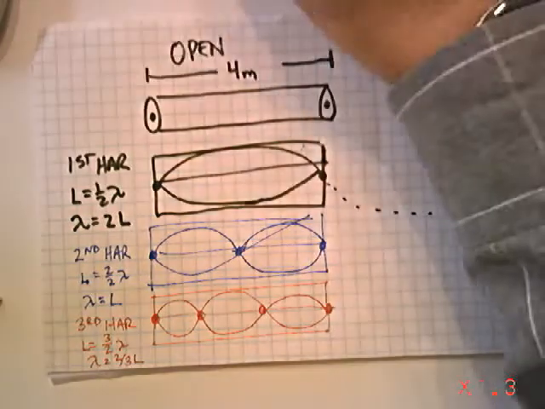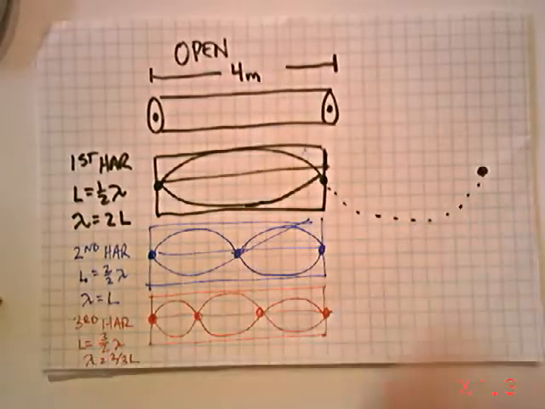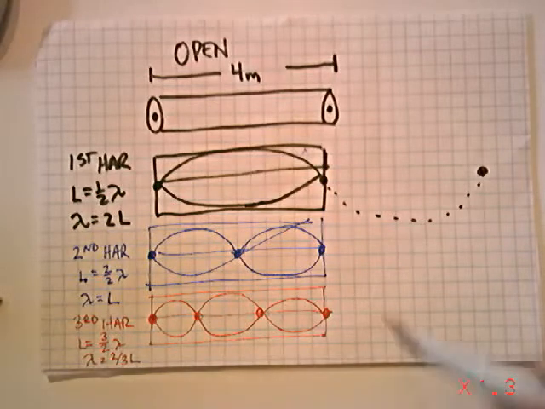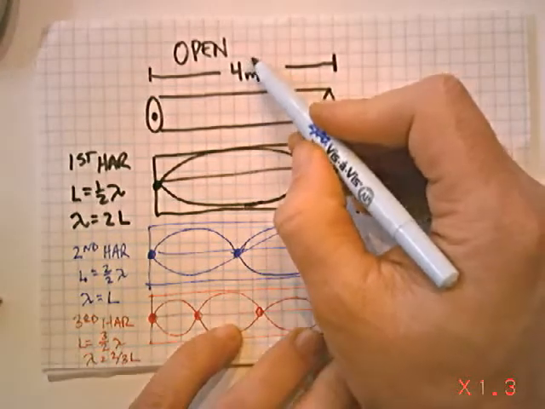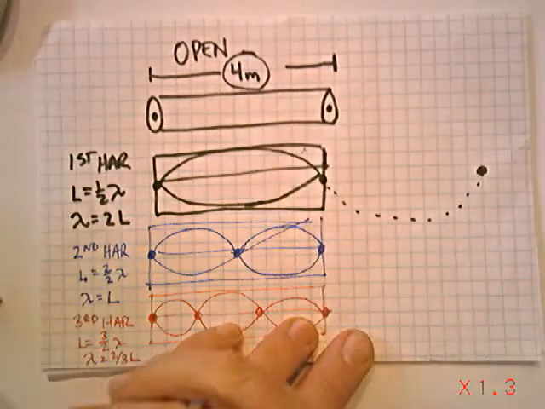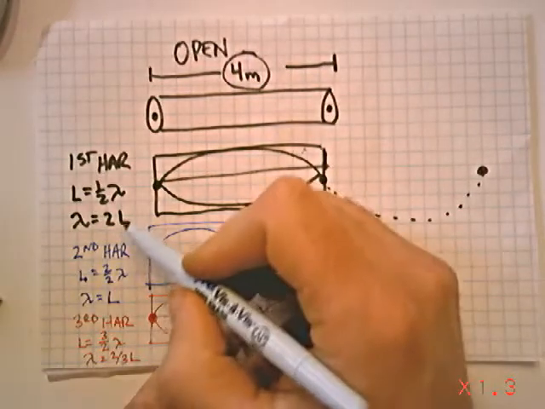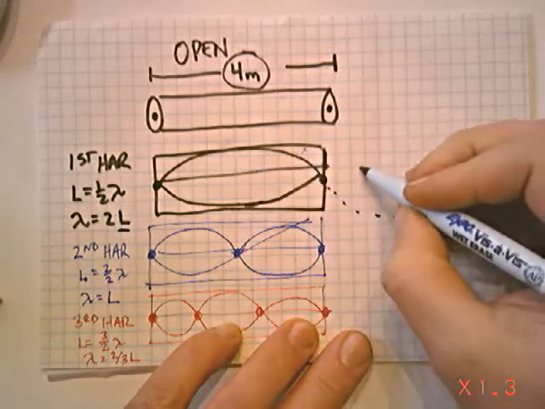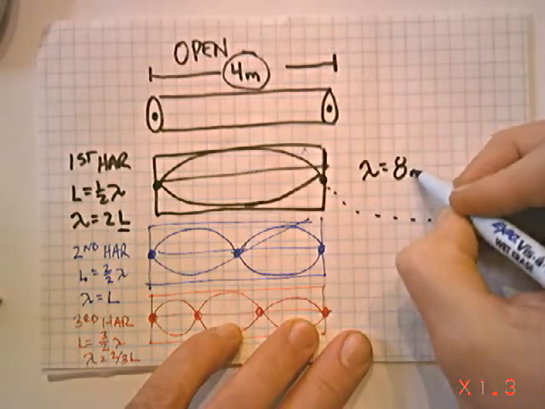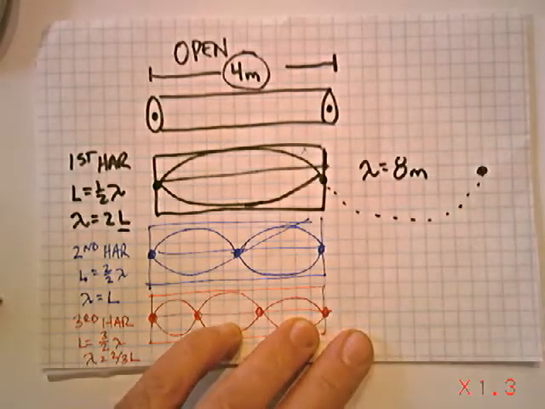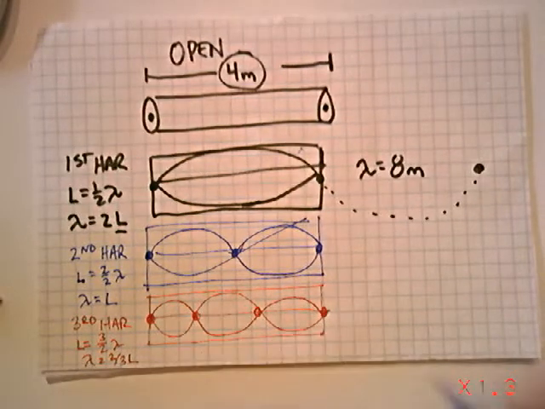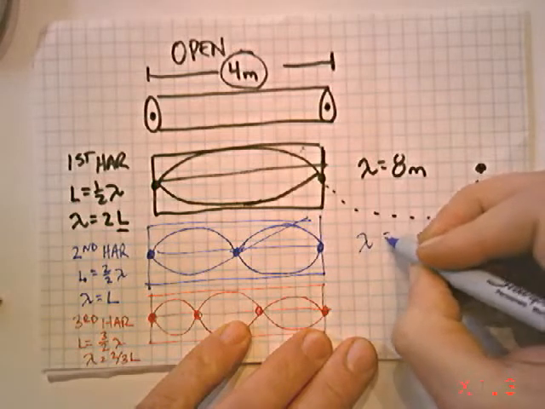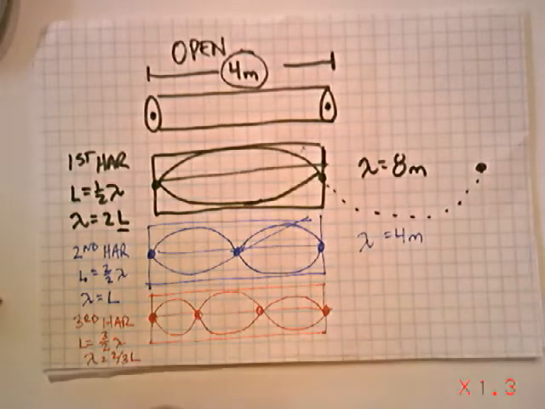Now, if we take a look at another pipe, we can go ahead and do the math for it while we're here. So I told you that the length of the pipe was 4 meters. So that means it would have a wavelength, if we just multiply that, of 8 meters. And for the second harmonic, it equals the length of the pipe. So the second harmonic has a wavelength of 4 meters.